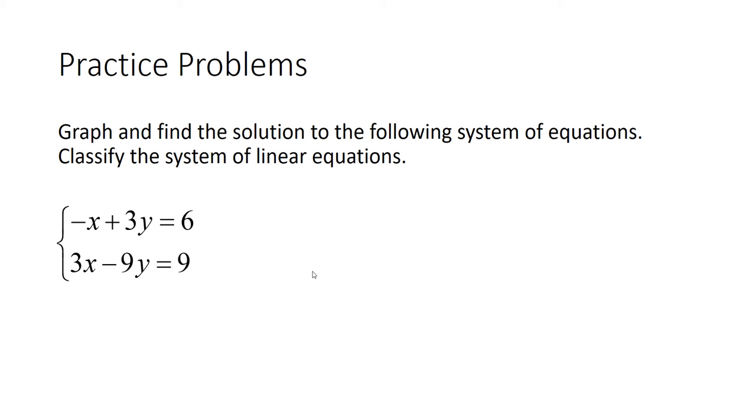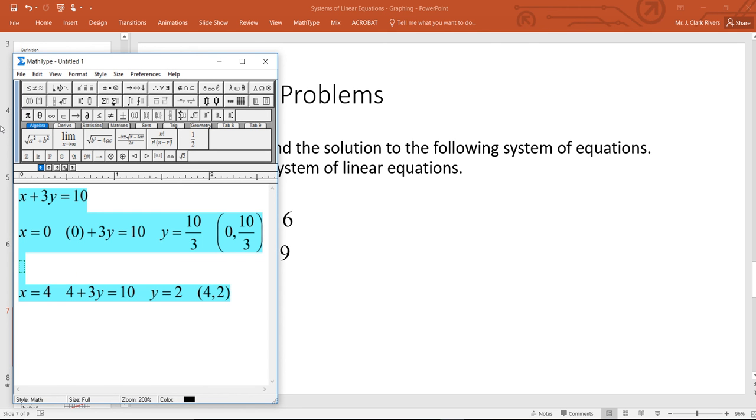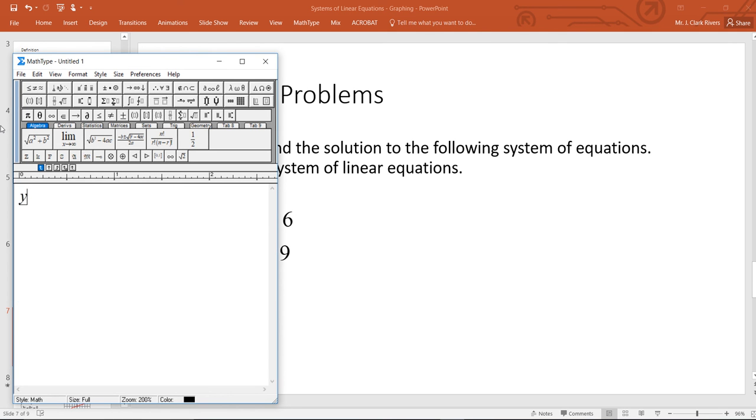Now, you didn't have to do this, but I'm going to isolate y in these two equations. When I isolate y in that top equation, I end up with y equals 1/3 x plus 2. Y equals 1/3 x plus 2 is what you get with that top equation when you isolate y.